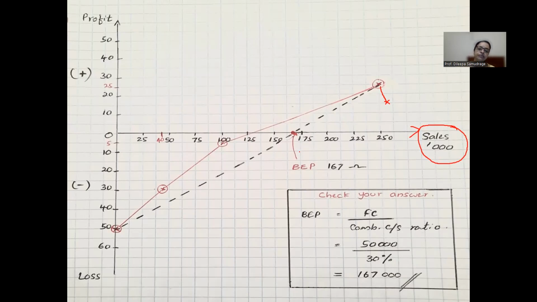Another point is, you can check your answer using the equation approach, right? So whether this is correct or not, you can check. You know how to calculate the break-even point: fixed cost divided by combined CS ratio. Fixed cost is 50,000.